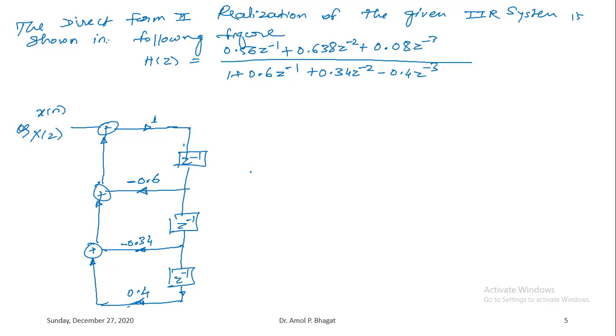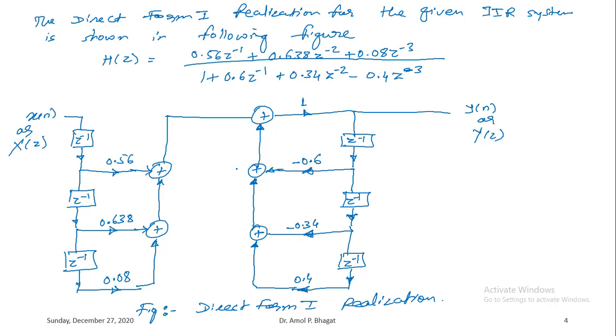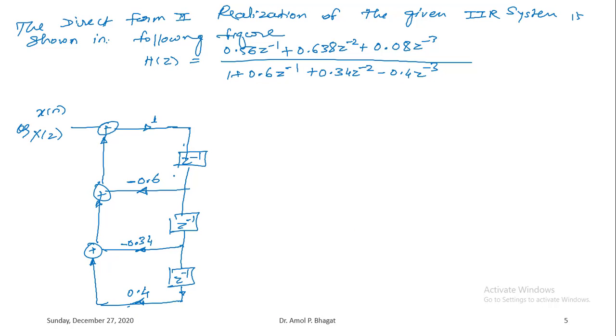So this structure we have drawn at the input side, then these delay elements will be overlapped. This will be the common delay elements, the same three delay elements will be utilized there. That is the advantage of direct form 2 realization, that you will need a lesser number of delay elements compared to the direct form 1 realization.